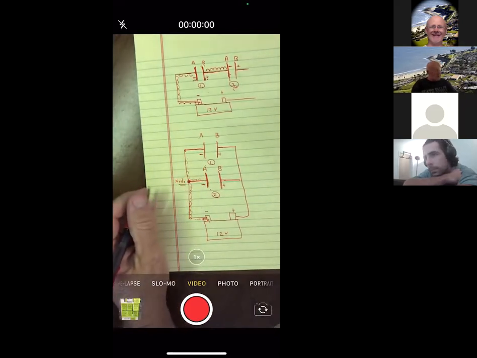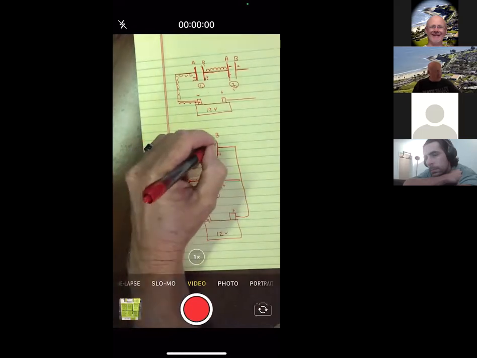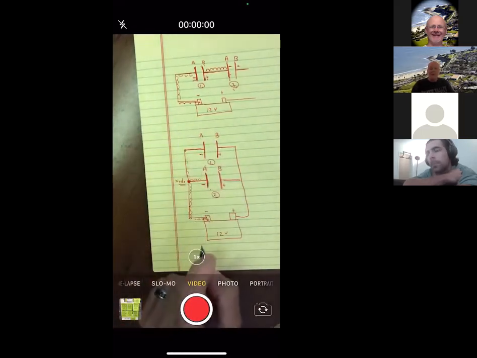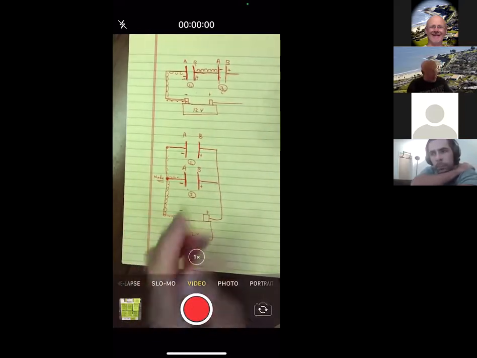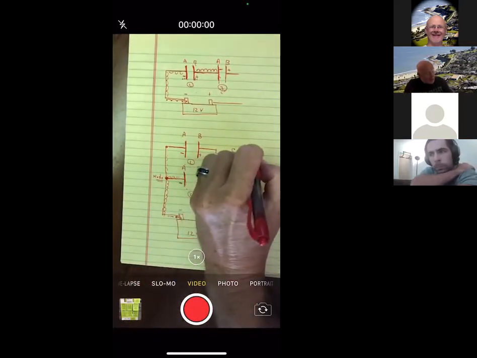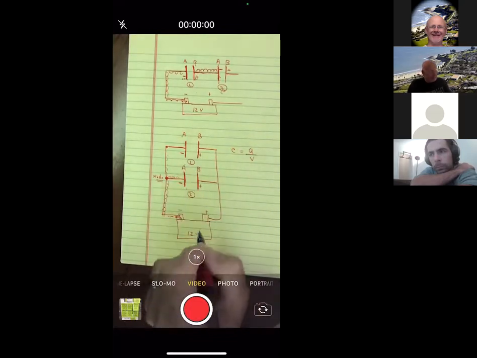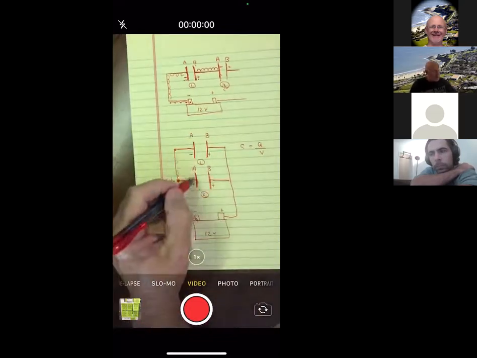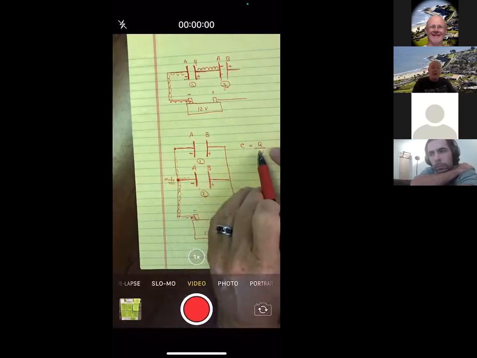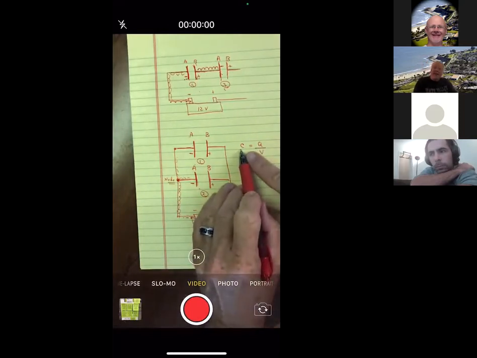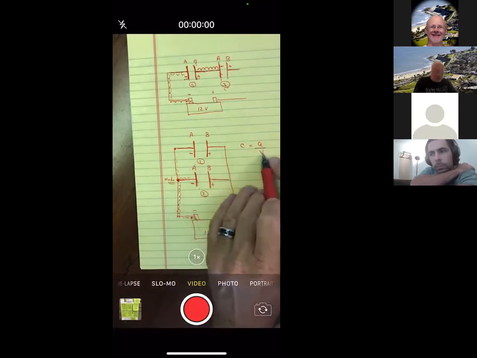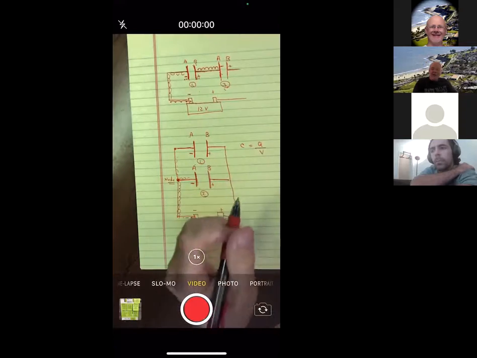No, because these plates maybe aren't the same size. The capacitors perhaps aren't the same size. Let me show you by math. Capacitance is charge over volt. These two right now have the same charge on them, one electron. If they don't have the same capacitance, they will not have the same voltage. One electron does not create the same amount of voltage.